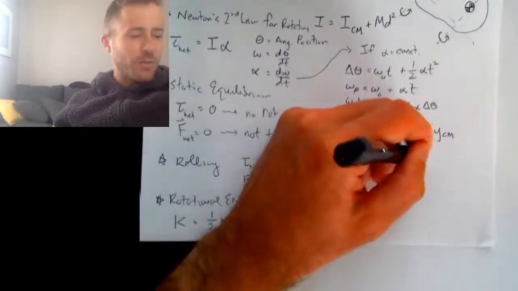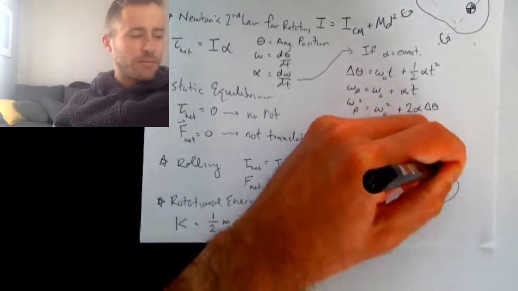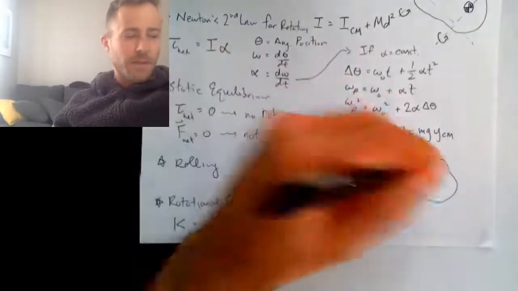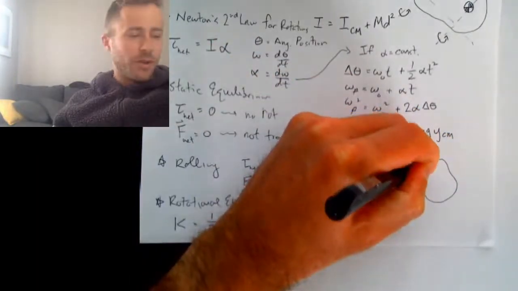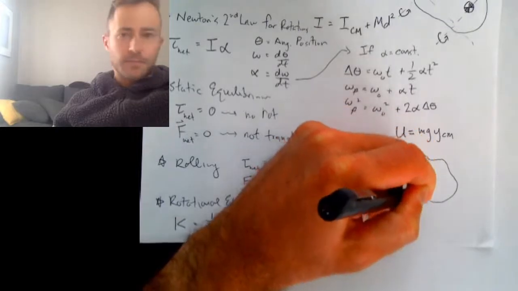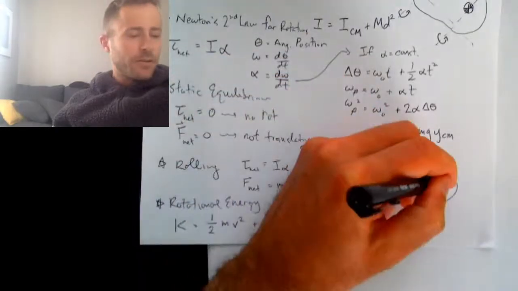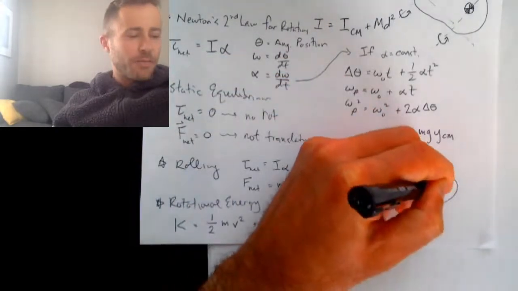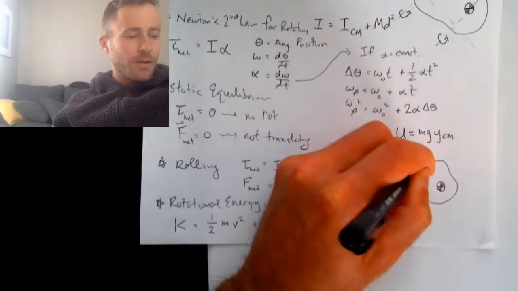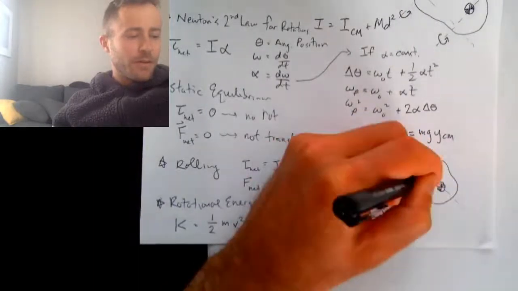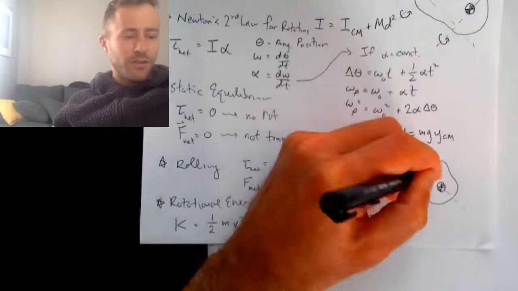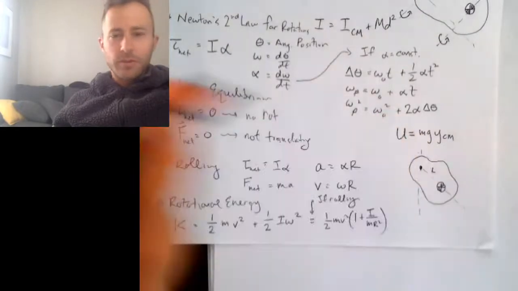If you have a blob that is pinned right here, and here's the center of mass of the blob, and this is L, the distance from the pivot point to the center of mass.